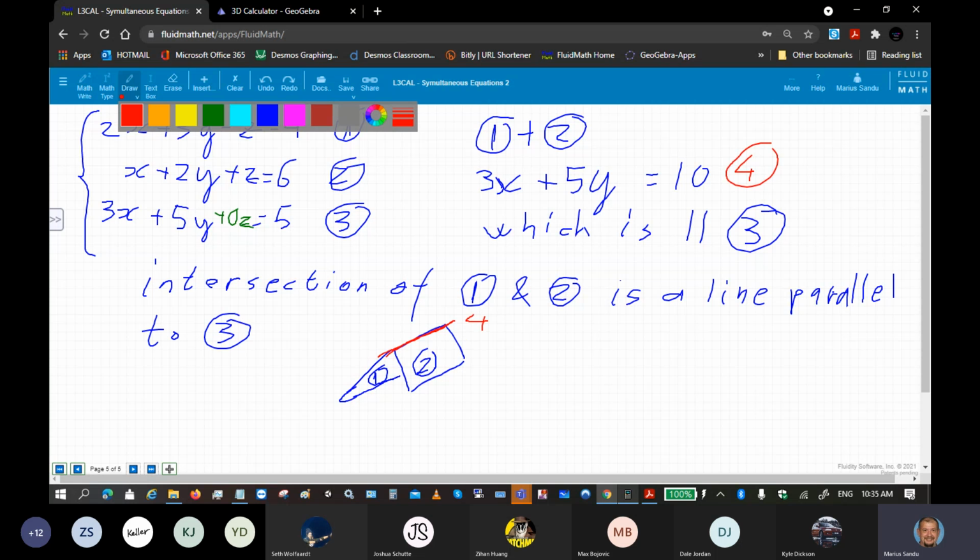Yes, and now the plane underneath here, this one is 3. Yes, so if these two intersect on a line parallel to the other plane, then we've got a tent scenario.